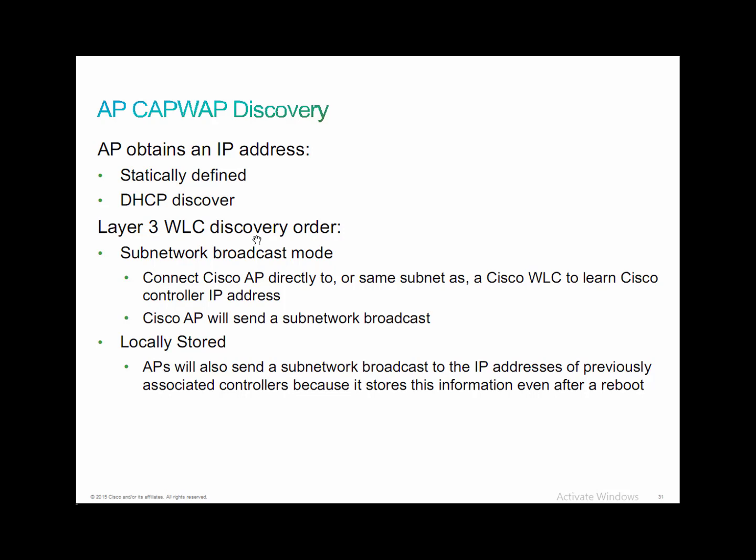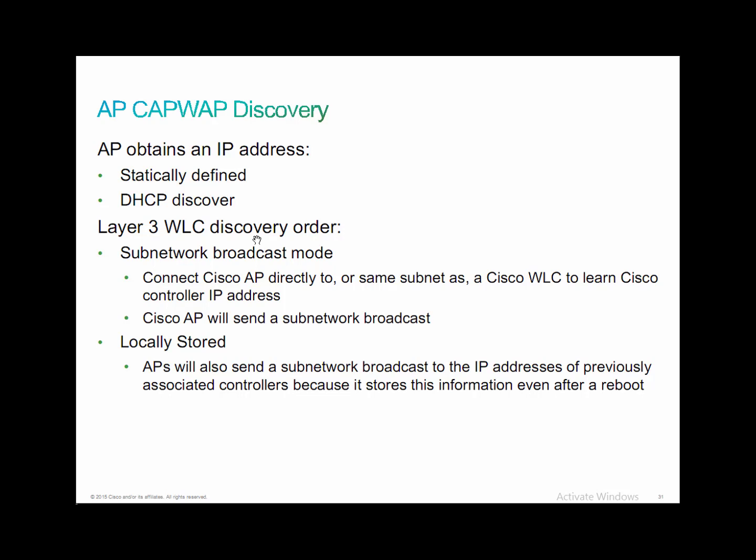All of the wireless LAN controllers in that local subnet will receive that packet, and they're all going to send out a discovery response. Other option, locally stored either V4 or V6 information. We call this priming, like I said, of the primary, secondary, and tertiary controllers. That would be stored in the non-volatile memory of the AP.